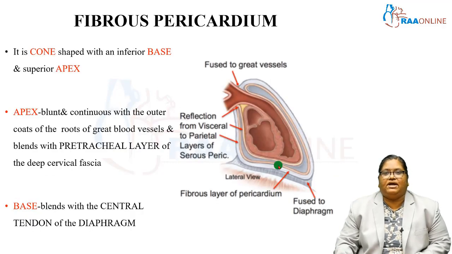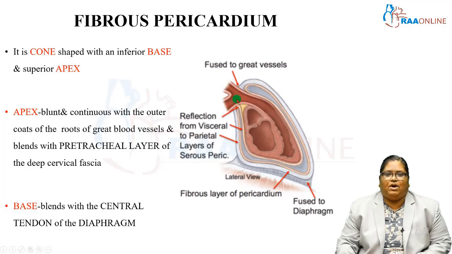Now we will see about the fibrous pericardium. The pericardium itself is a fibroserous sac. This fibrous pericardium is cone shaped with an inferior base and a superior apex. If you look at this, this is the fibrous pericardium.